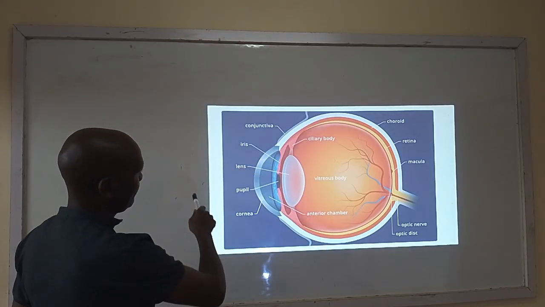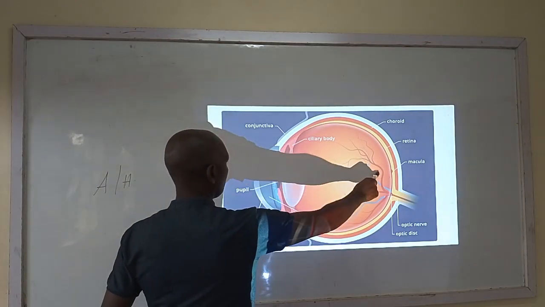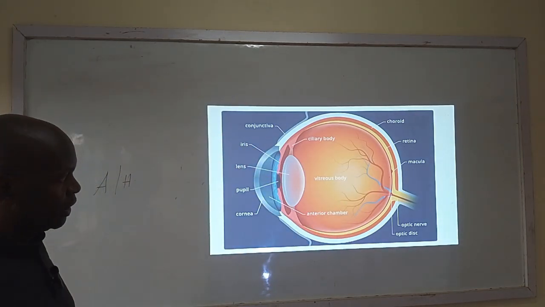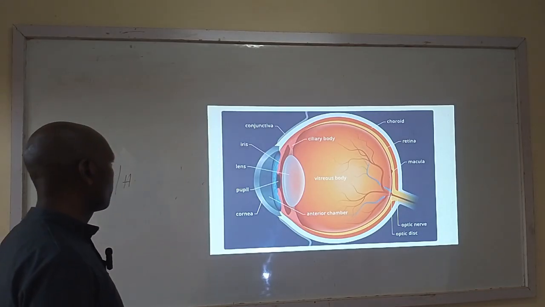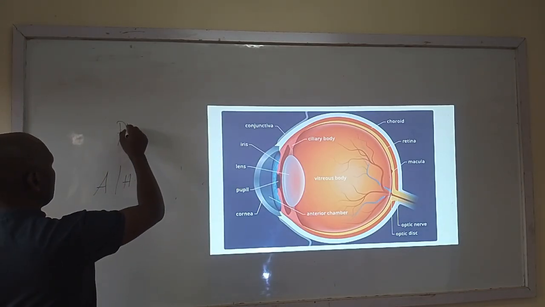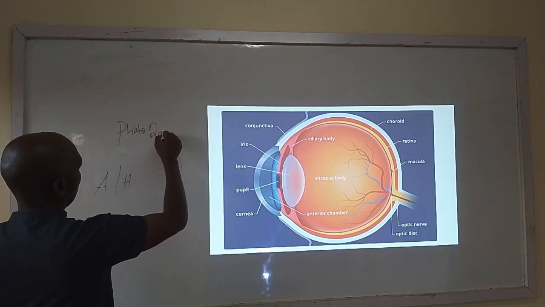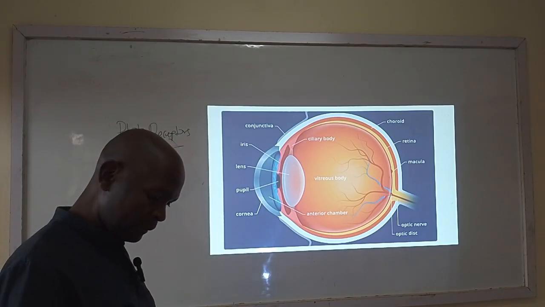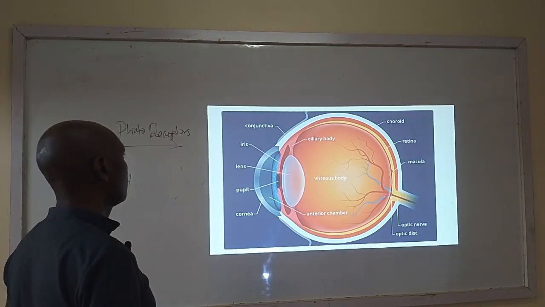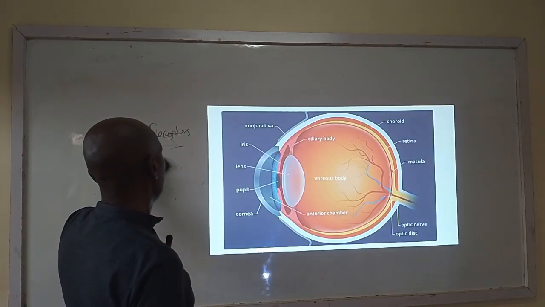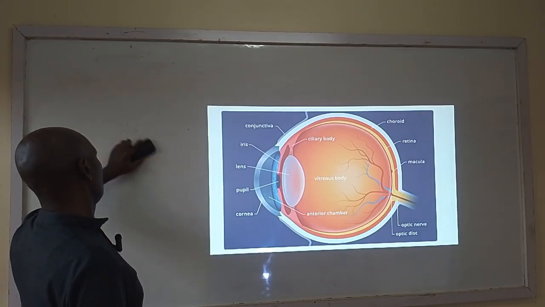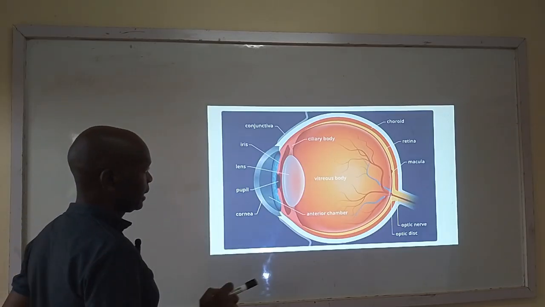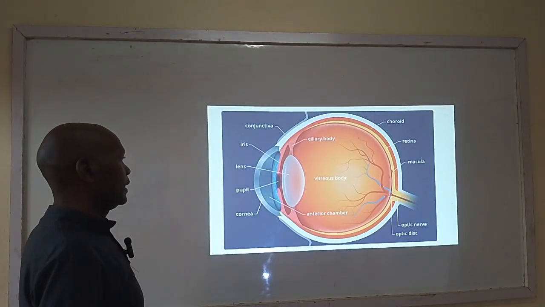So for you to see, light must travel all the way through these structures to this point here, the macula, where we have a high concentration of photoreceptors, which pick the light signals and transduce them into an electrical potential that is then picked by the optic nerve and taken all the way to the brain for interpretation.